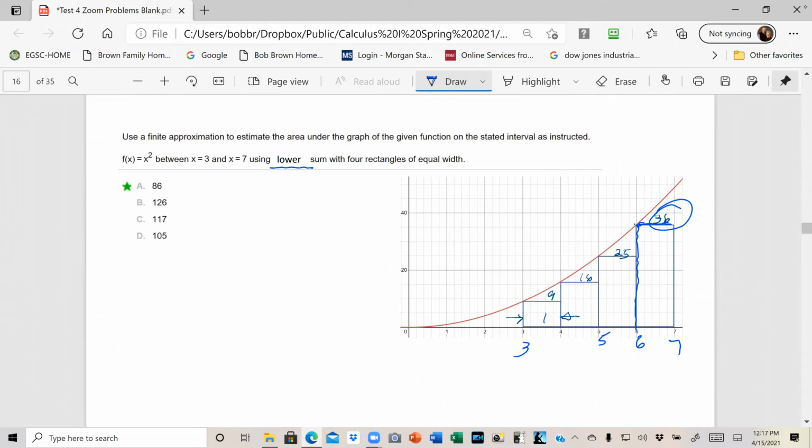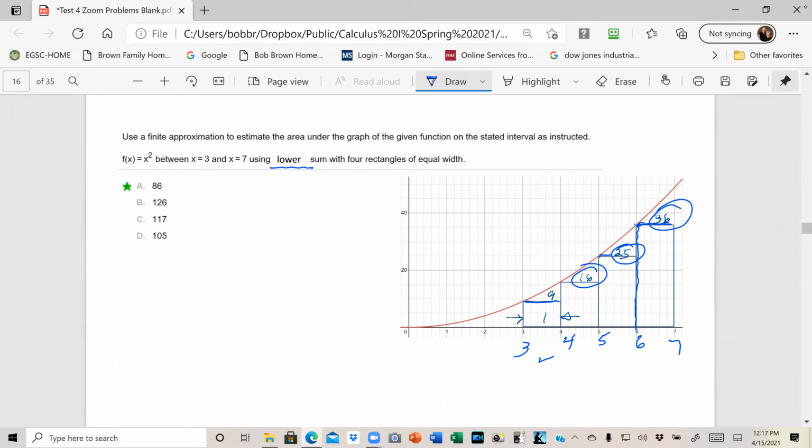The height of the next largest rectangle will be 25, which is 5 squared. The height of the next to the smallest rectangle would be 16. And then the last rectangle would have a height of 9.